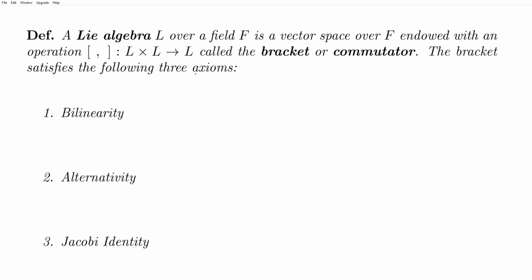The bracket satisfies the following three axioms. The first one is bilinearity, which just means that it's linear in each component, and so that should be familiar from linear algebra.